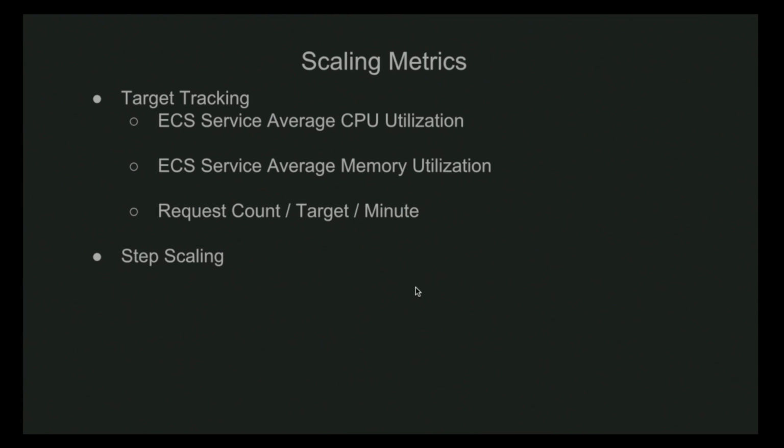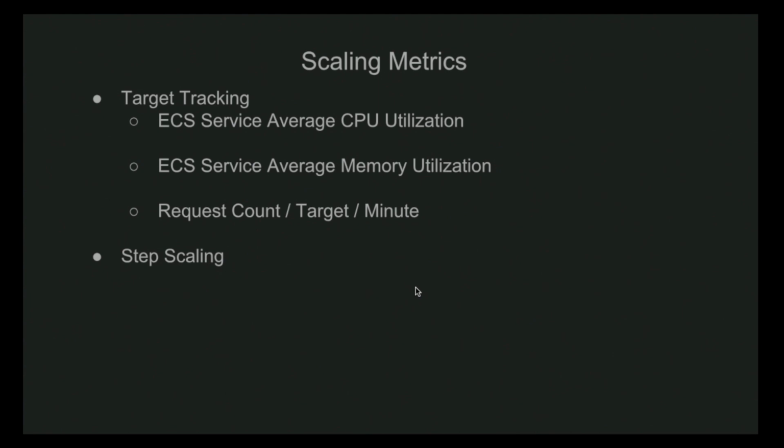For target tracking, you can choose 3 different metrics to scale on. You can choose CPU utilization, memory utilization, or an RPM per target type metric. So we're actually going to choose that because it makes the most sense for our use case. It makes the most sense in my head. I know that at 2,500 RPM, I need to start scaling.